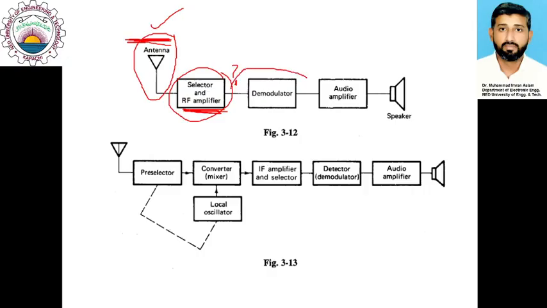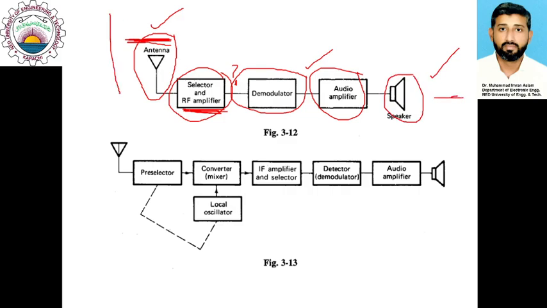Then we use an appropriate demodulator to demodulate the signal, and that demodulator removes the carrier and gives the signal at the output. That output signal is fed into the audio amplifier in order to increase its power, and then it is delivered to the speaker, so that you get the audio output.